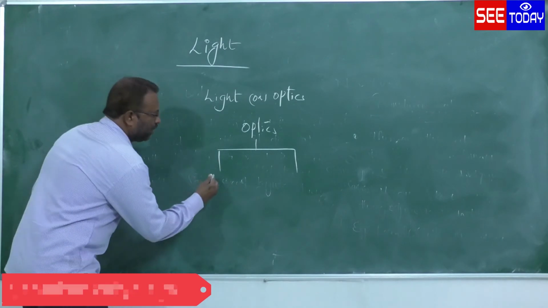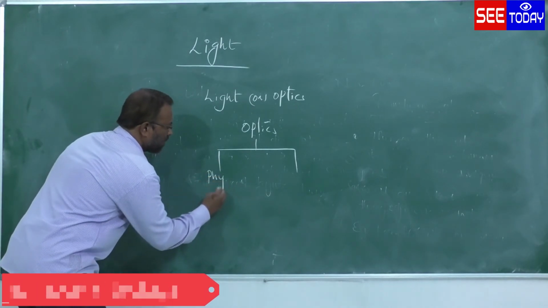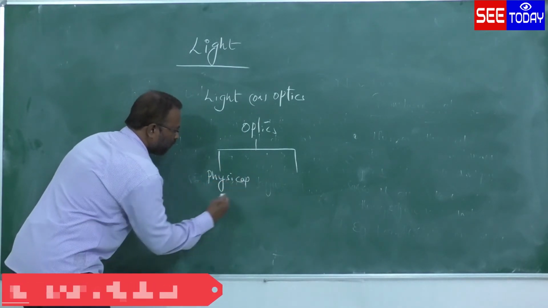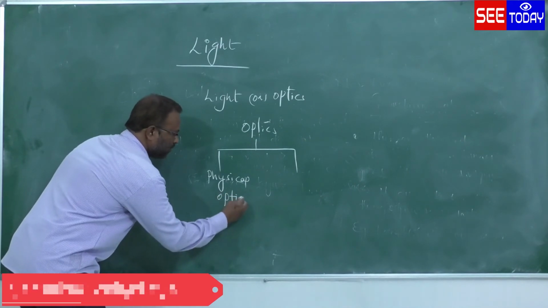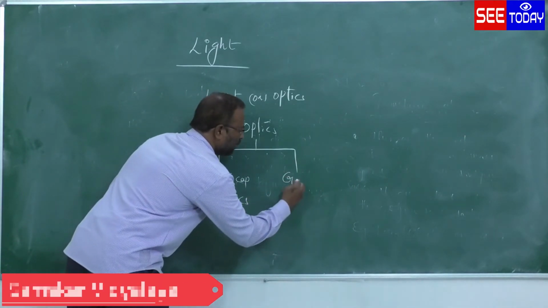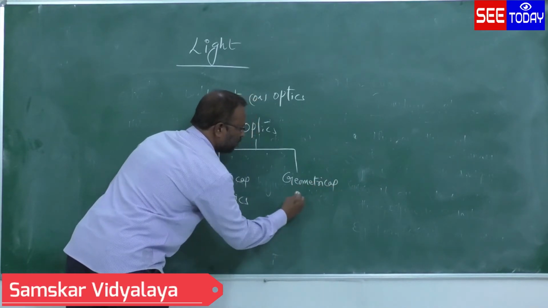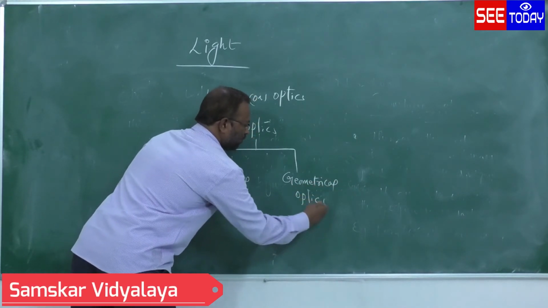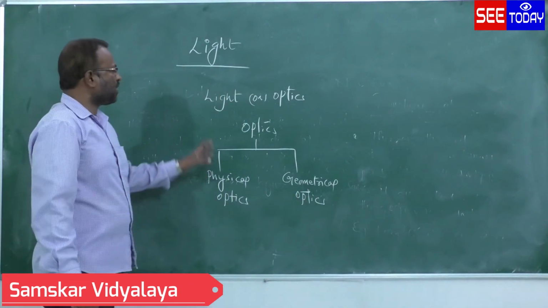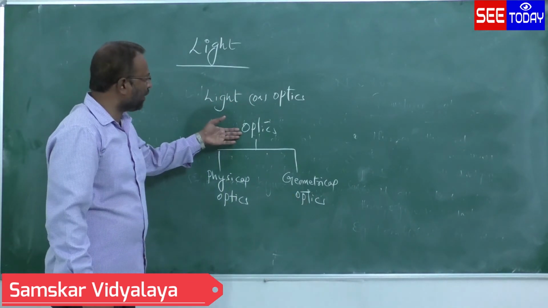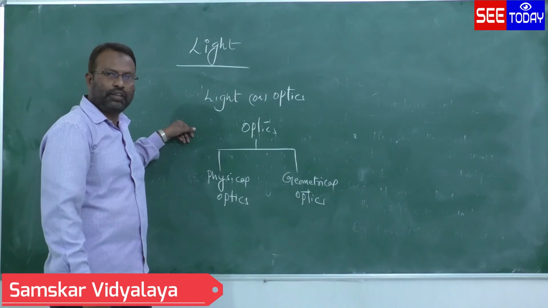One is called physical optics. Next one, geometrical optics. If I write light, then also it is 100% correct.